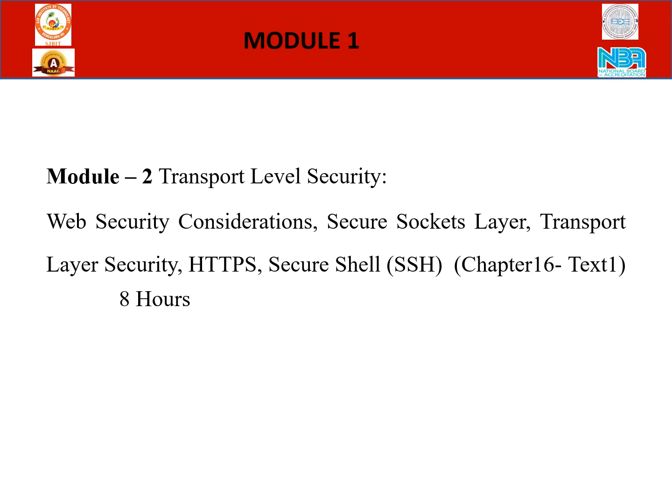We need to understand what web security is, how it is provided, and then we begin with the layers present in the transport layer, called Secure Sockets Layer and Transport Layer Security, these two layers which help us provide adequate security. And then the protocols HTTPS and Secure Shell, SSH.